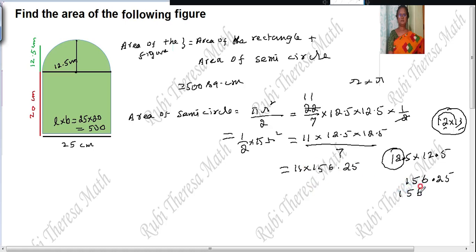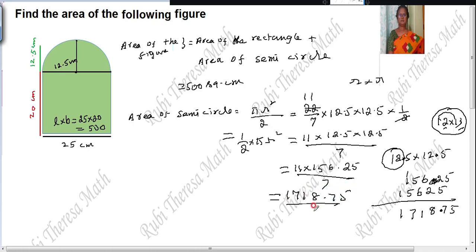After two digits, keep the decimal point. That gives 1718.75, then divided by 7.